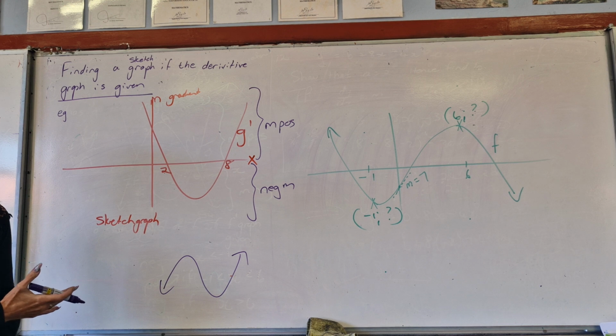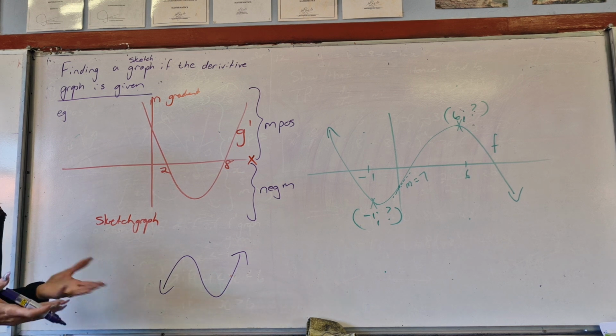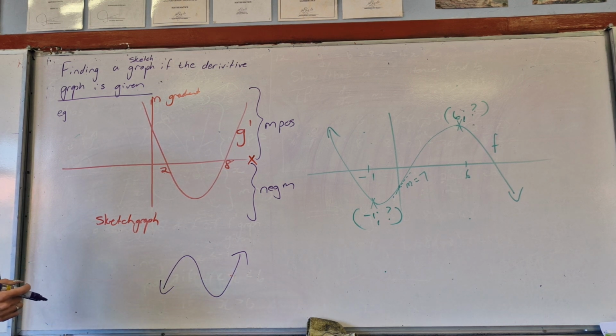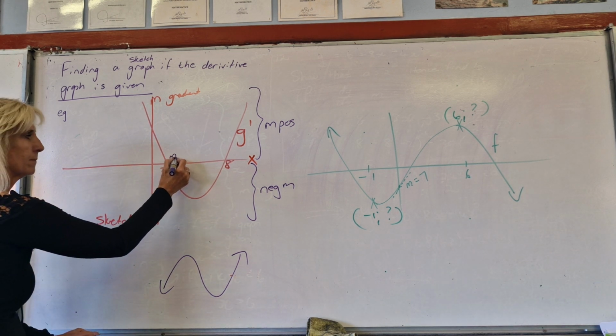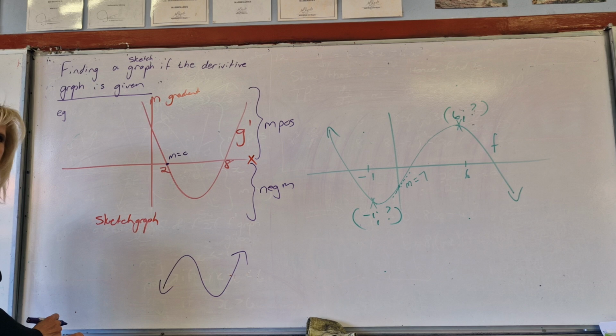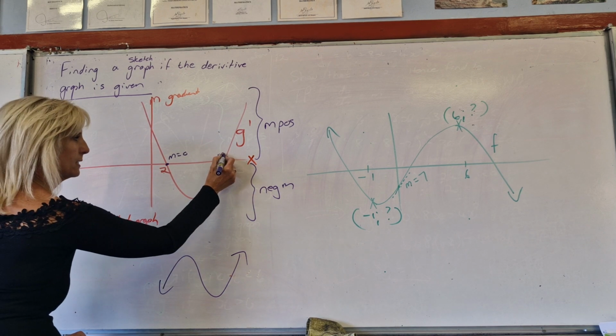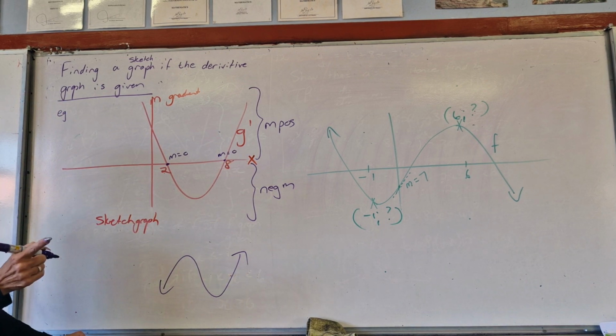That's a little bit pushing your luck for marks, because I need some more. What do I need? The turning points. That's where the gradient is 0. So between 2 and 8.